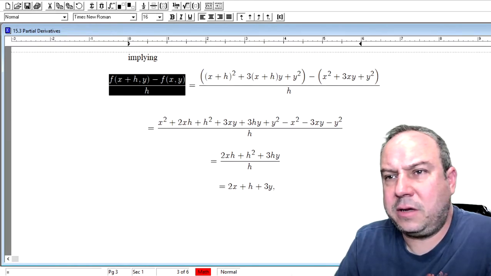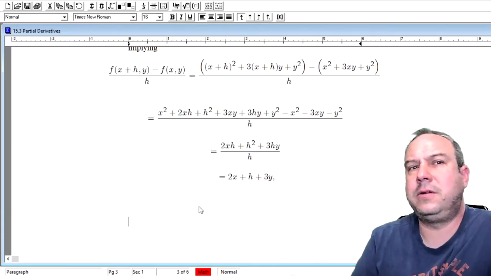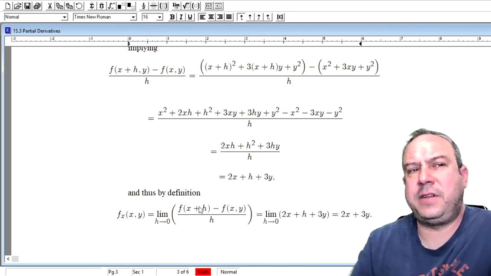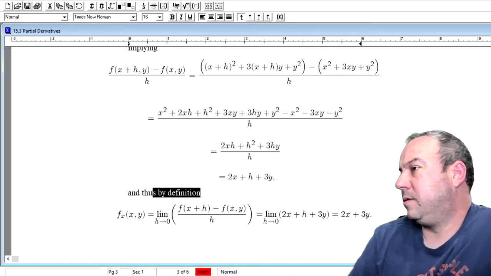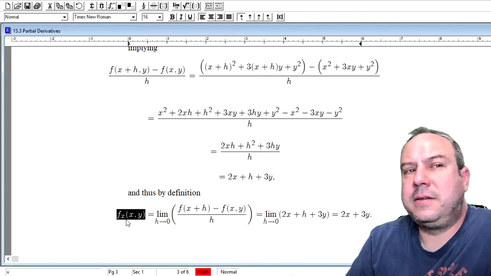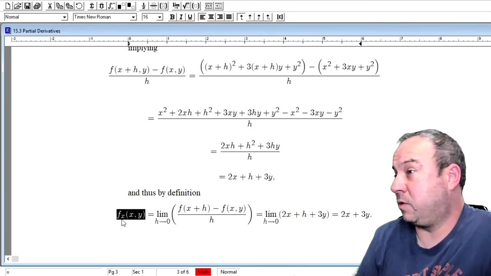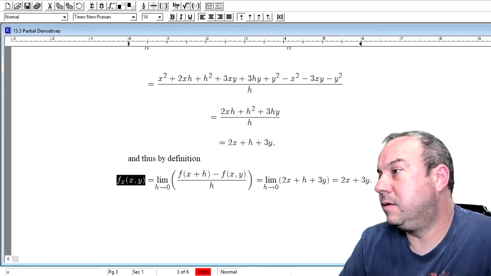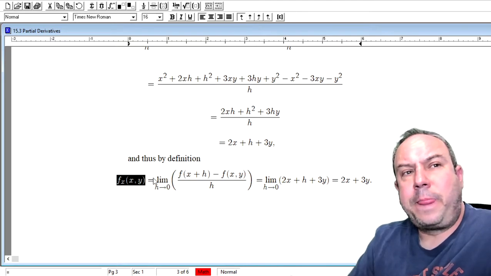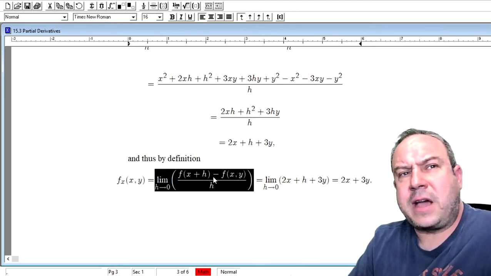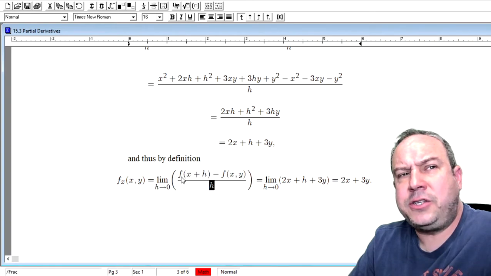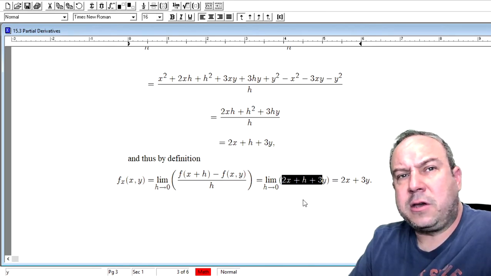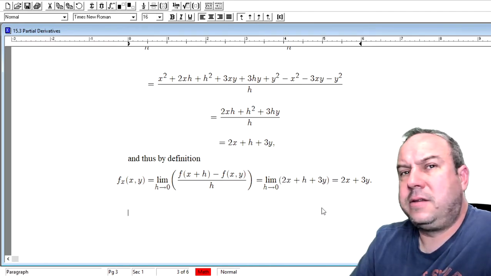So if we take that argument and consider evaluating our limit now, we can see by definition f's first partial with respect to x at x comma y is equal to the limit as h heads to 0 of f of x plus h comma y minus f of x comma y, divided by h, where we just calculated this argument above to be the quantity 2x plus h plus 3y.